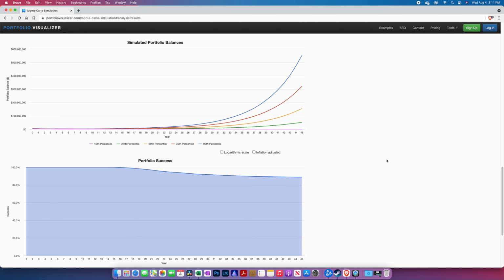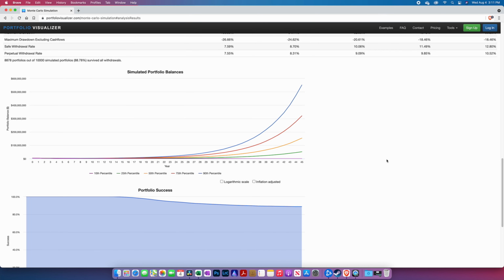Now, hopefully what you do is that you become very flexible and adjust your withdrawals if you were seeing a bunch of down years at the very beginning, right? So if we were to see that, prudence would tell us to go ahead and reduce our withdrawal rate, right?